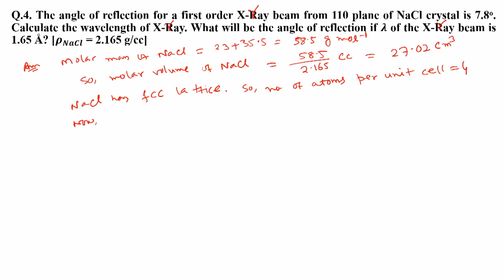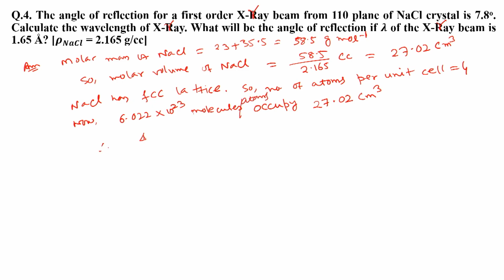Now Avogadro number, 6.022 times 10 to the 23 molecules, occupy 27.02 centimeter cube, this is the molar volume, right? So how many atoms per unit cell? 4 atoms.